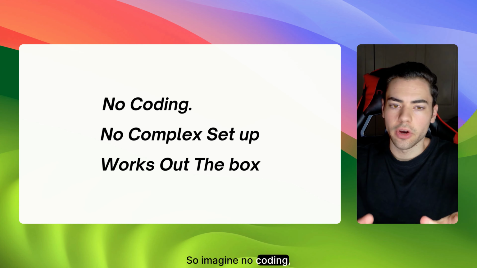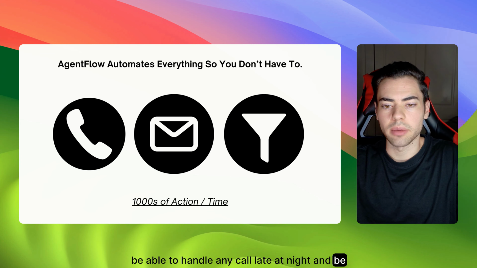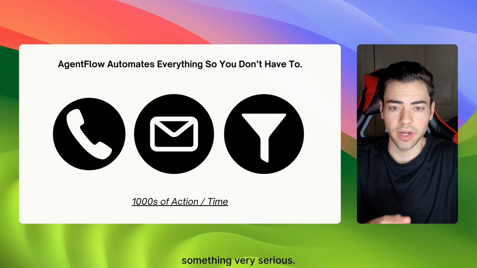So AgentFlow can not only make thousands of prospecting calls, it can also handle thousands of inbound calls, like I've been working with property managers to be able to handle any call late at night and be able to transfer to a handyman if there's something very serious.